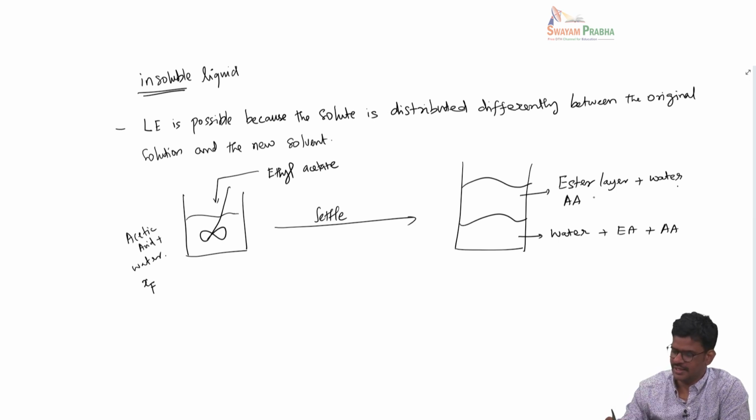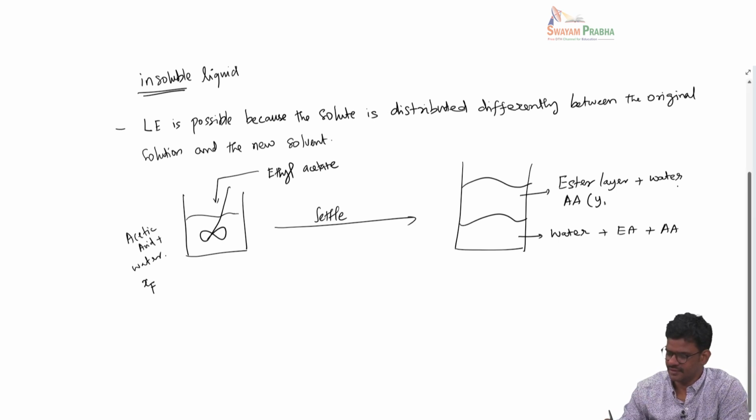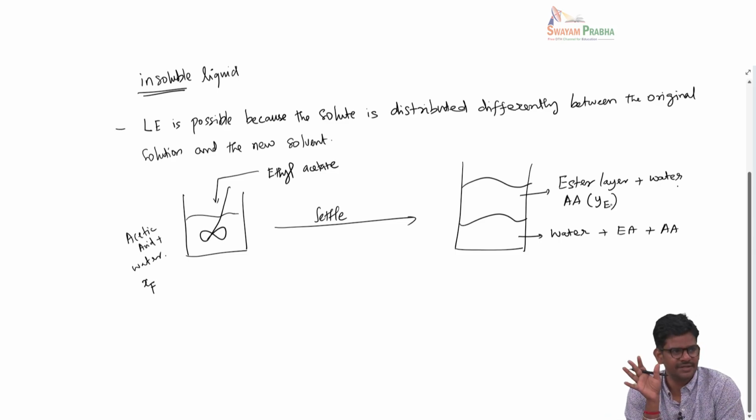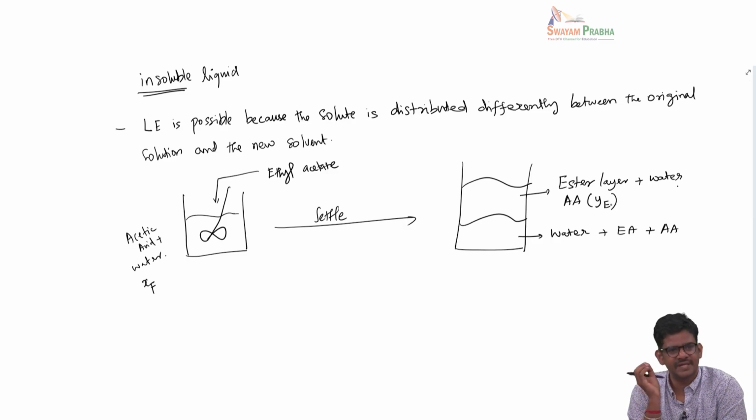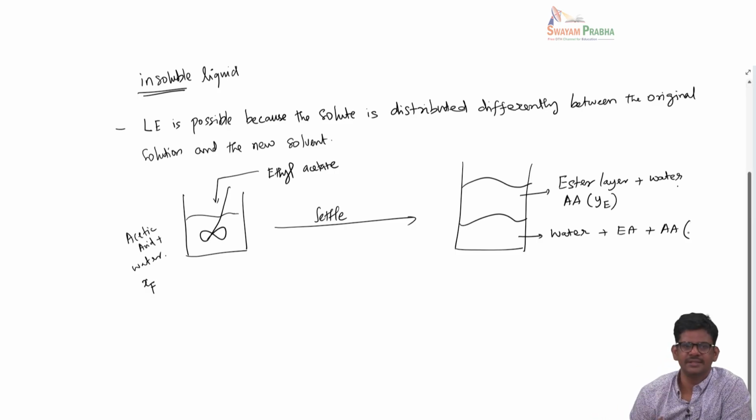And let us say in the ester layer you have a composition, and I am using a different letter here, YE. I will come to what it means. Let us say the mole fraction of acetic acid in the ester layer is YE, and the acetic acid in the water-rich layer is XR.